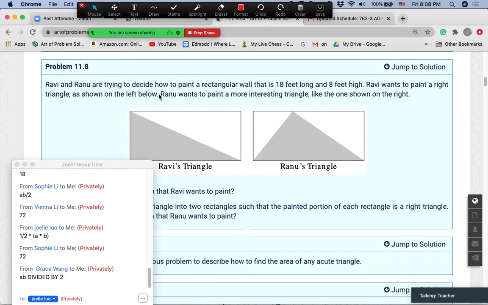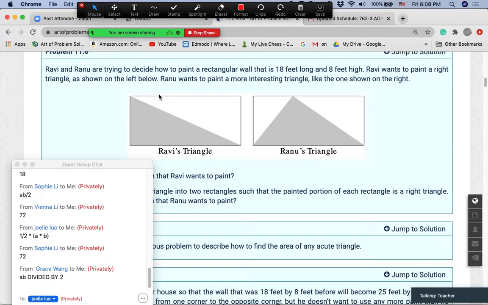11.8. In this problem, Raven and Ranu are trying to decide how to paint a rectangular wall that is 18 feet long and 8 feet high. Ravi wants to paint a right triangle, as shown on the left below.